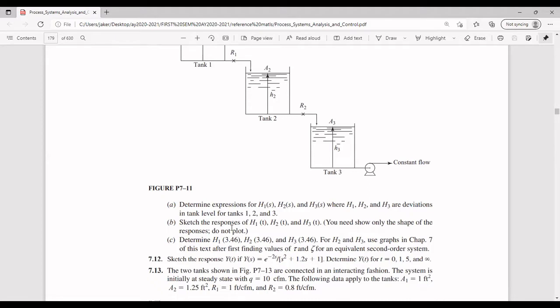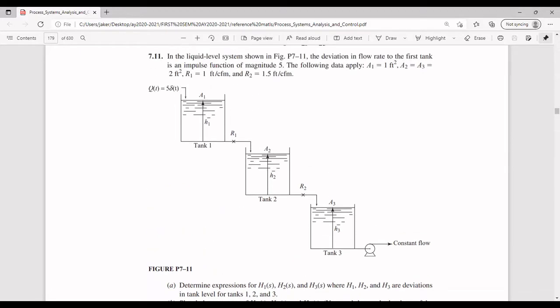Then for letter C, you are to determine H1, H2, and H3. Now, it's suggested here that for H2 and H3, you are to use the graphs in chapter 7 of the text. So we will use the graph whenever time allows us, but we will determine the things that we need to determine by the use of the formula, if a formula is available.